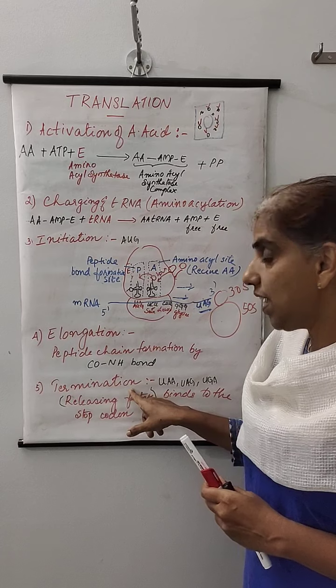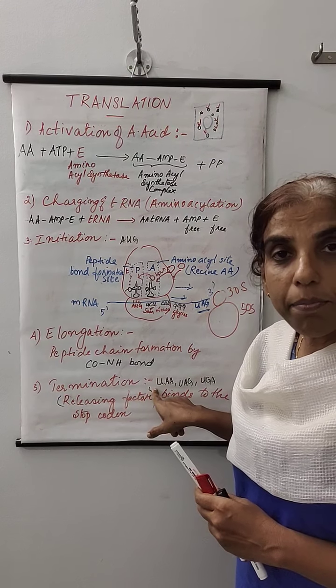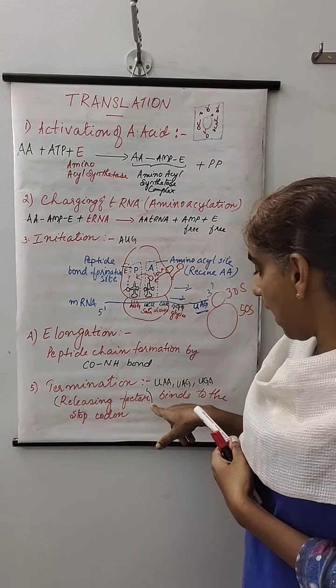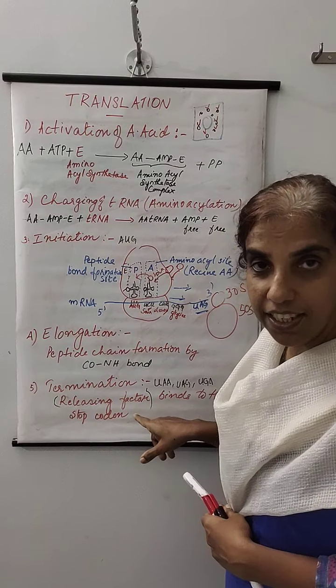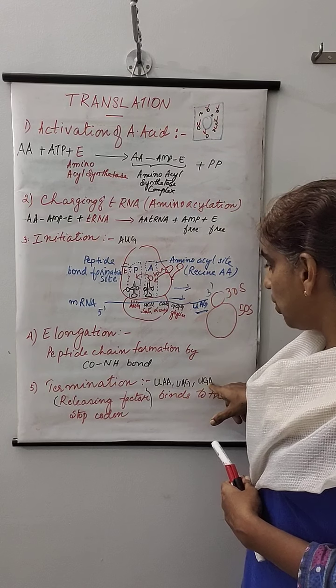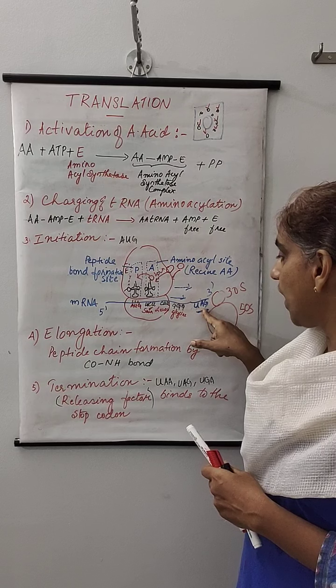So here we come to the termination. Termination can be made by 3 distinct codons as per the genetic dictionary: UAA, UAG and UGA. I have here preferred and written UAG.